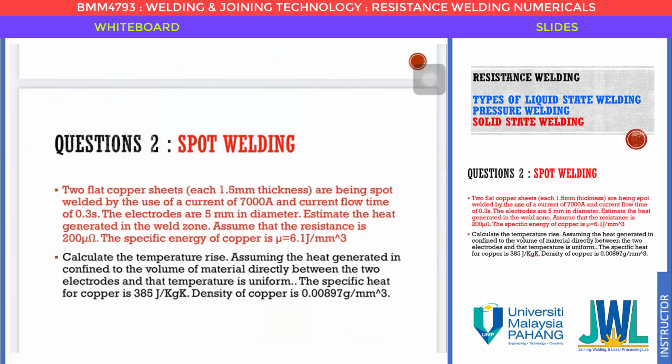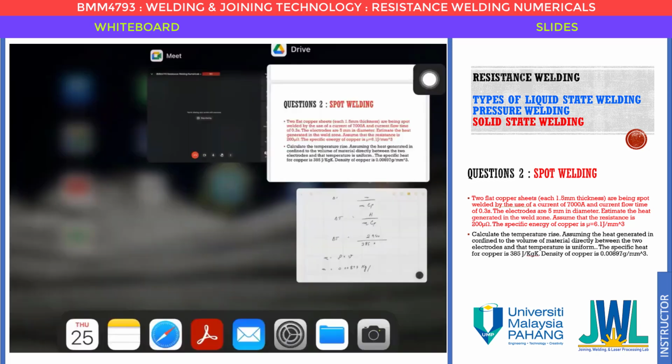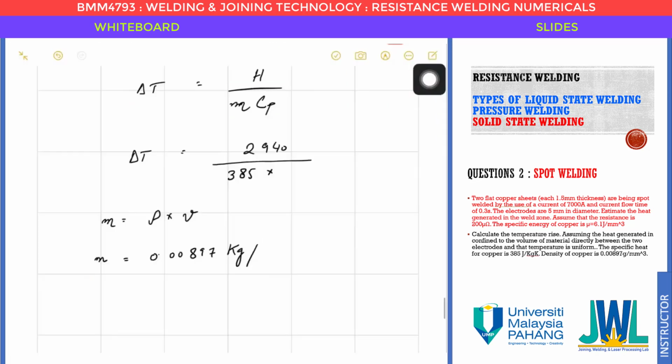I think the density given is 0.00897 kilogram per millimeter cube, multiplied by the volume, which was 58.9 millimeter cube.